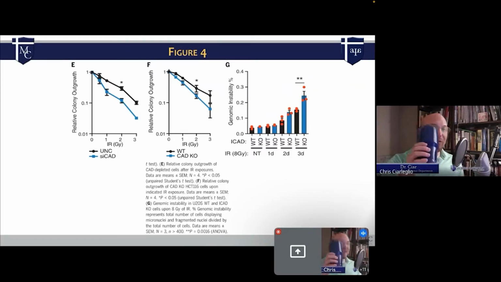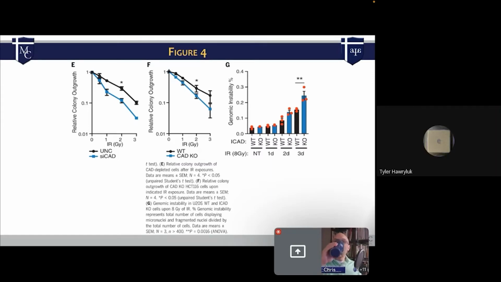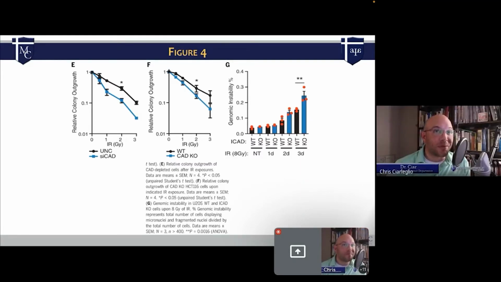Do you know what KO means? I'm going to guess... Do you follow boxing? Knockout. Yep. That's what it means. So CAD knockout means that they have gone into the cells and removed the gene for CAD. They've knocked it out.